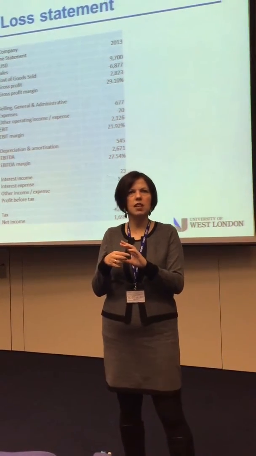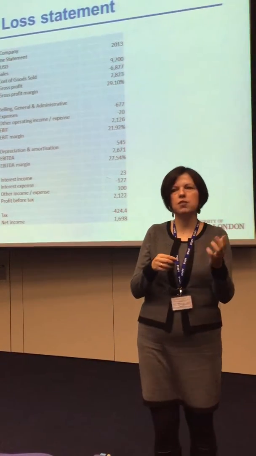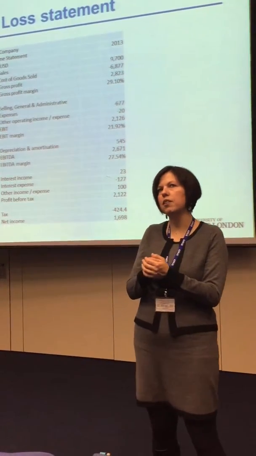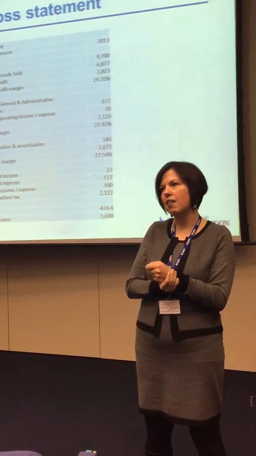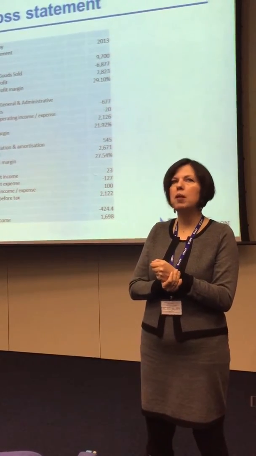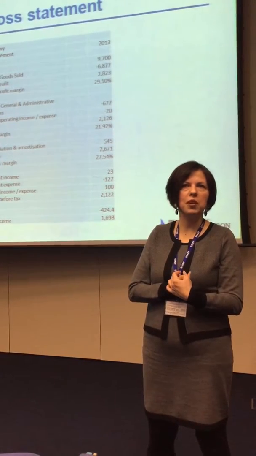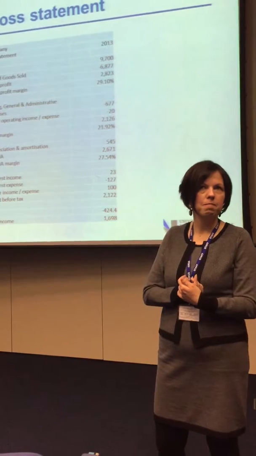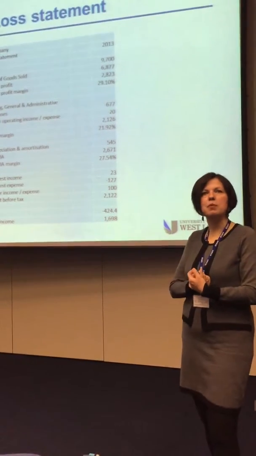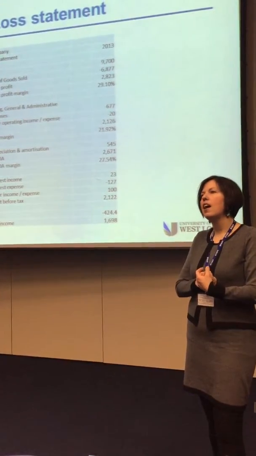The profit and loss statement shows how much we have sold, but some of it could be on credit. Then also what costs we have, but again, maybe we have very good terms with our suppliers and we don't have to pay them straight away. So that's another potential mismatch.